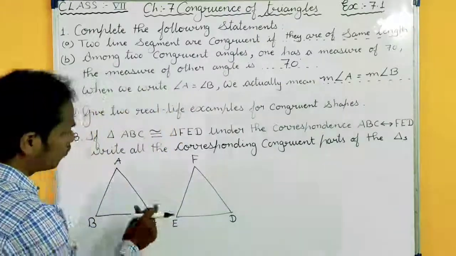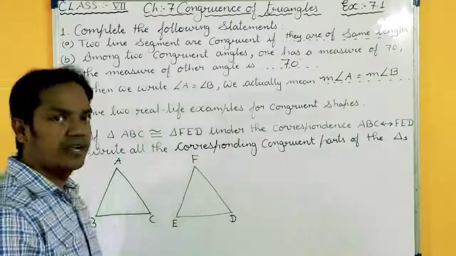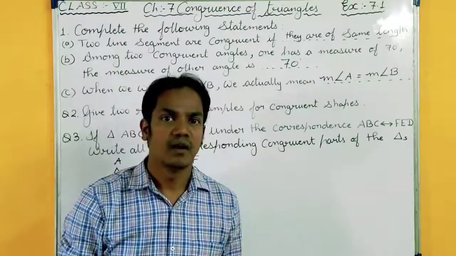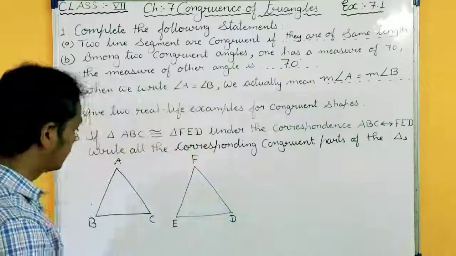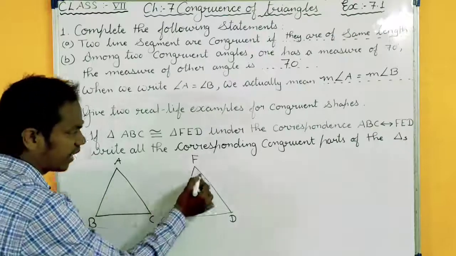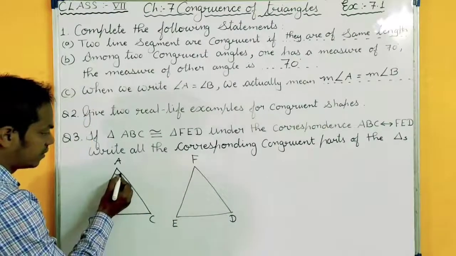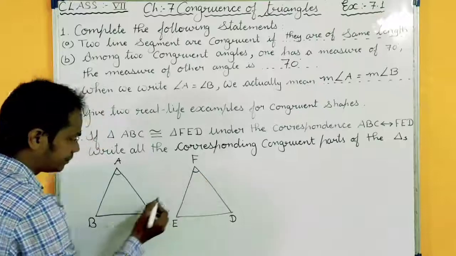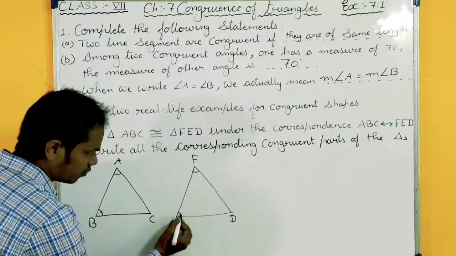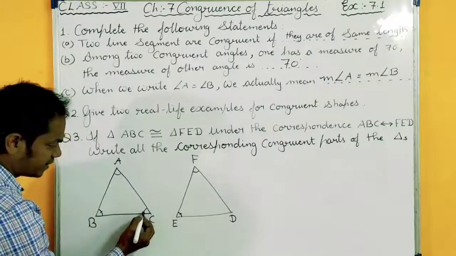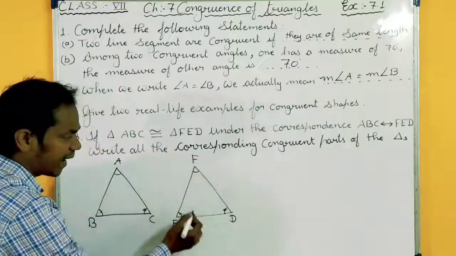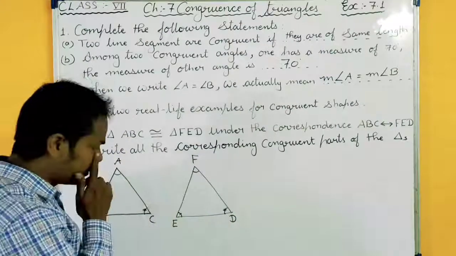Okay. So whenever two triangles are congruent, you always get 6 congruent or corresponding parts. What are those 6 parts? 3 sides and 3 angles. This angle is equal to this angle, this angle is equal to this angle, and angle C is equal to angle D. 3 angles and 3 sides.